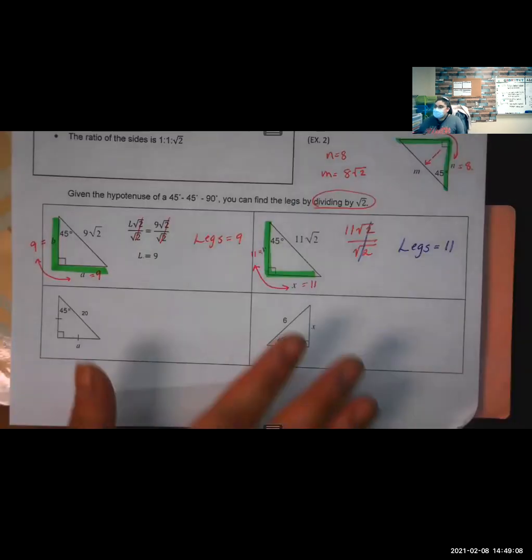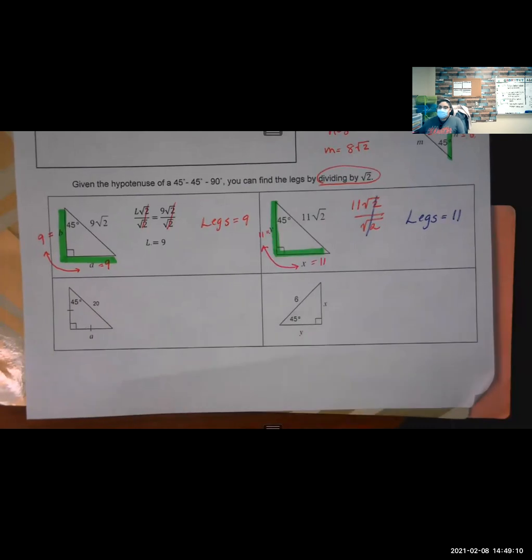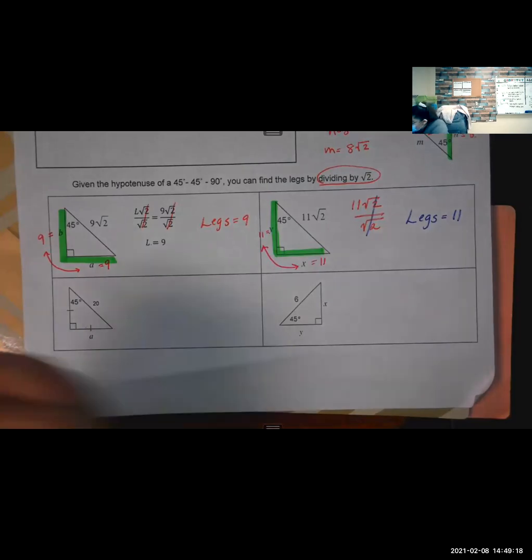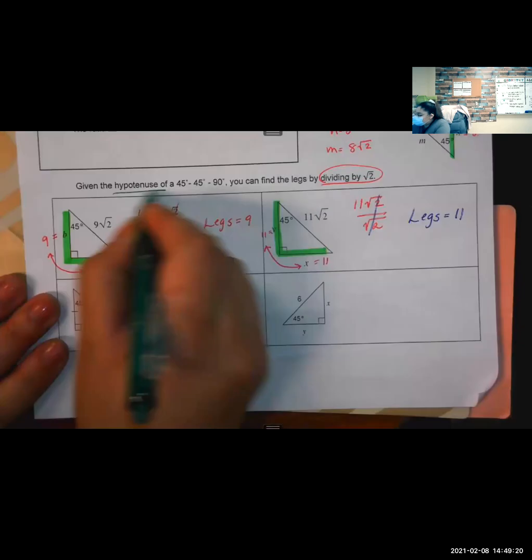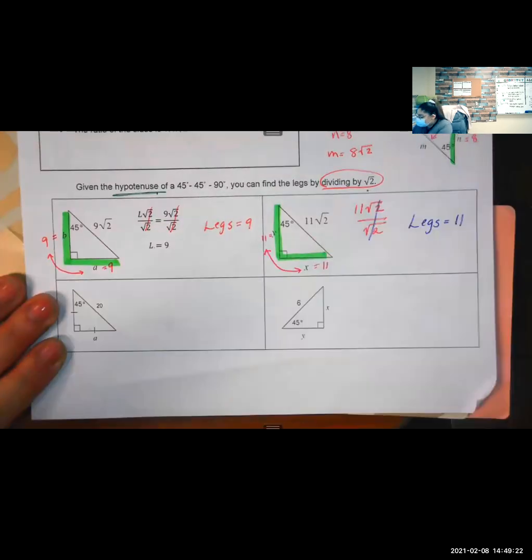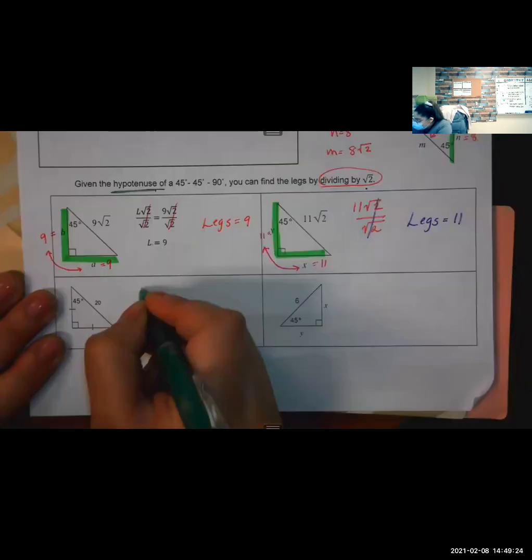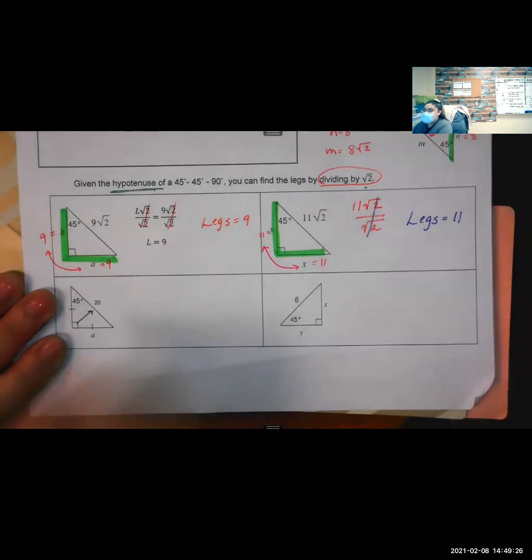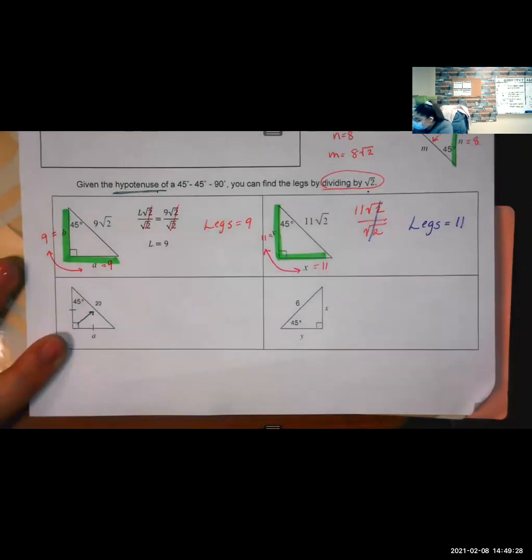All right, so as I mentioned, guys, these next two examples, they don't necessarily follow the pattern correctly because we're told that if you have the hypotenuse, you're going to divide the hypotenuse by the square root of 2. So my hypotenuse is 20, right? It's the measurement across from the 90 degrees.